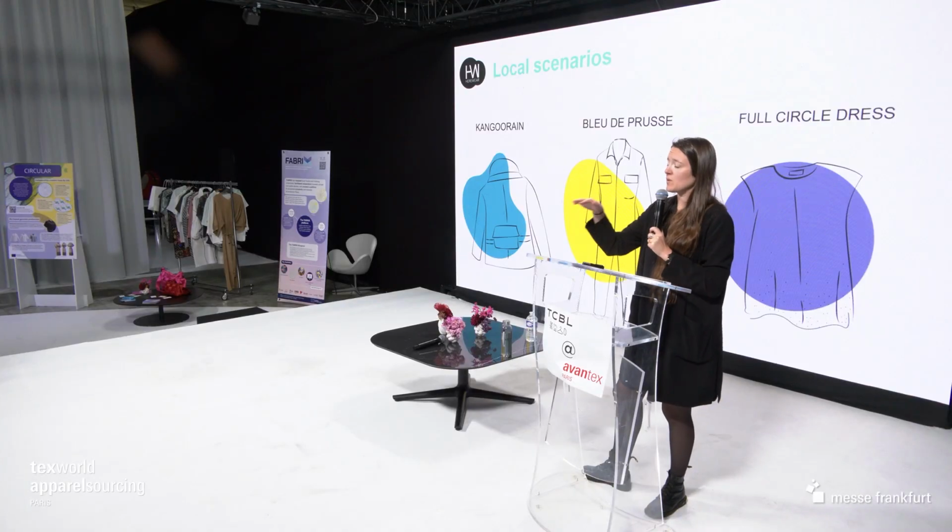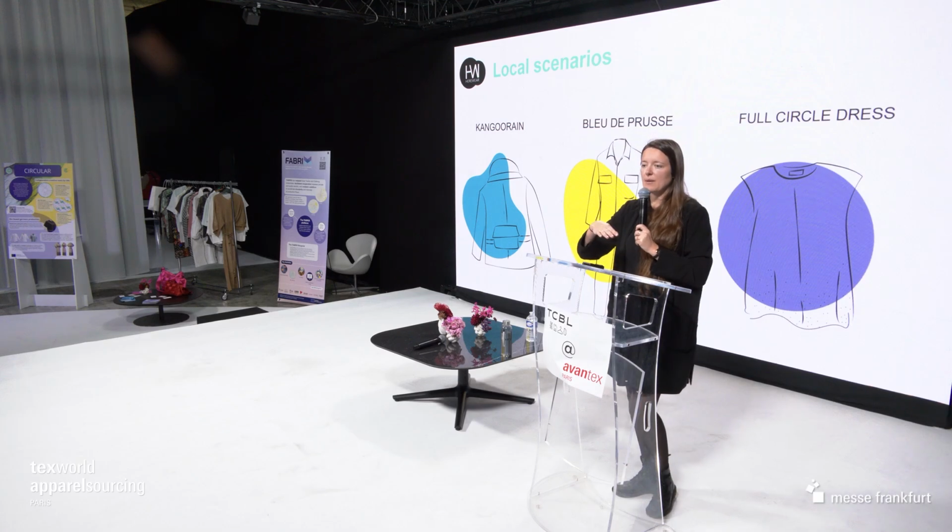So Kangoo Rain, for example, was really thinking about Dutch bike hangers, all the places where people come in with their bicycle, and using that as a community hub to offer repair services, to offer re-dyeing processes, etc. Bleu de Prusse is an example thinking about workwear in the context of French manufacturing.